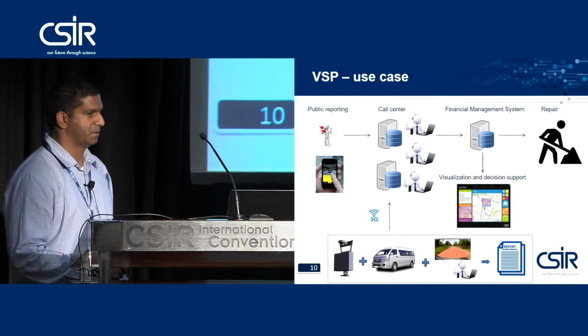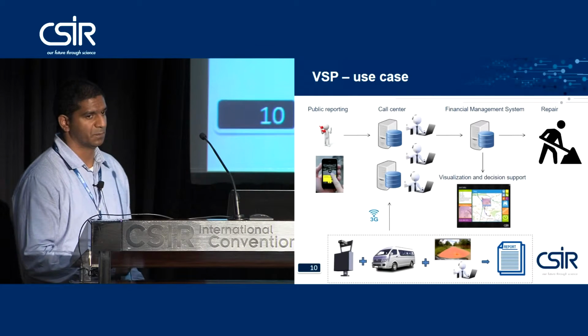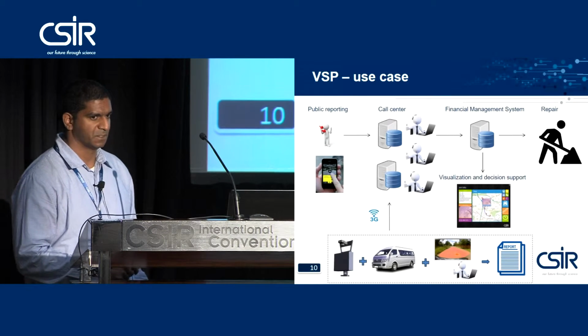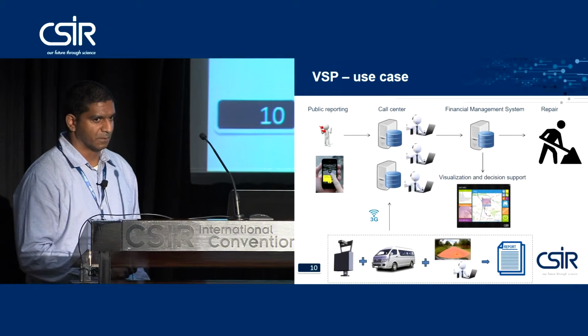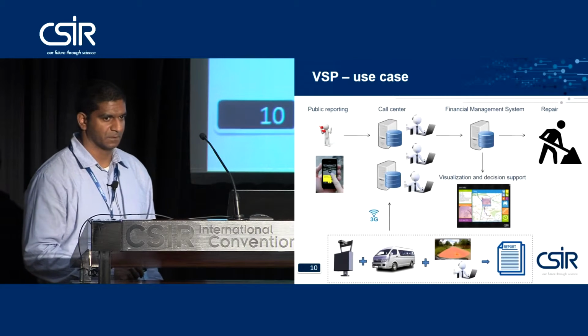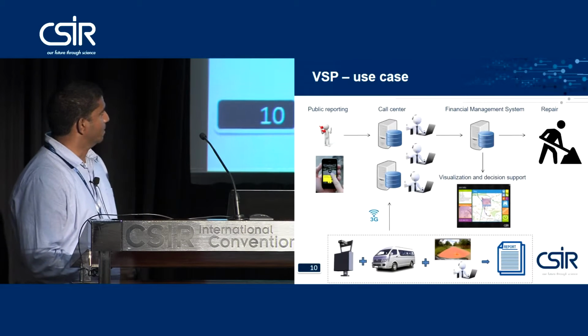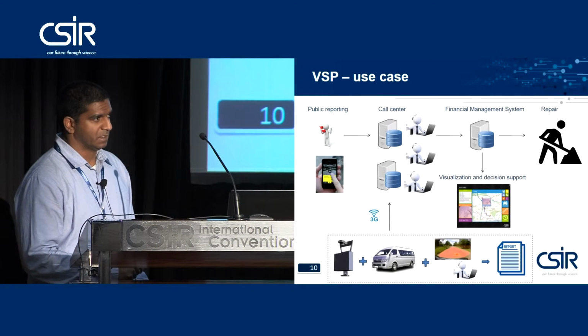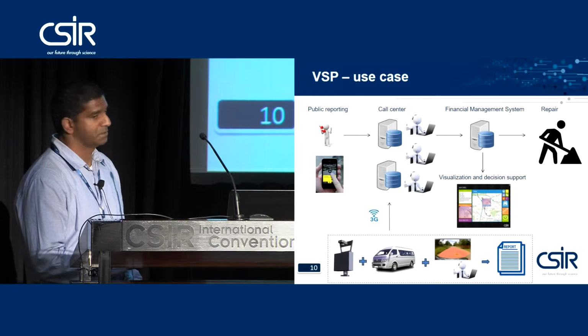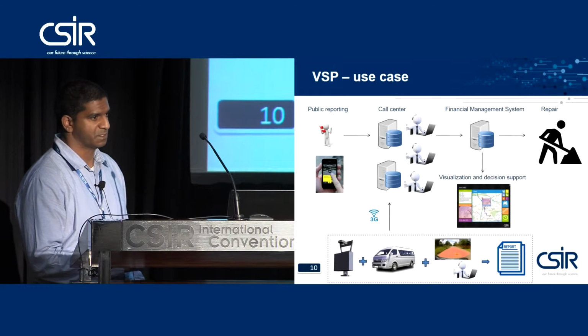Now, as we go forward, we proposed this to one of the municipalities in Johannesburg, and we are probably going to deploy this scenario there. As we move forward and learn more about their systems, there's potential to feed these reports straight into the financial management system.